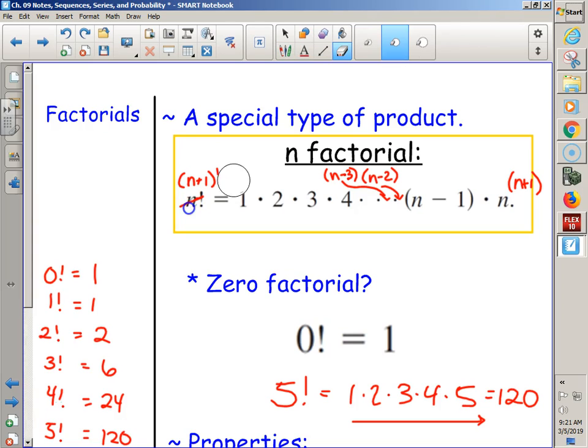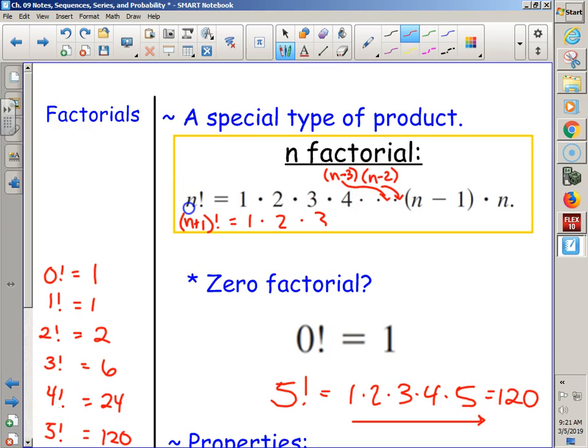But that might convolute things a little bit. So maybe it'd be nicer to do another one, like n plus 1 factorial would be 1 times 2 times 3 times 4 times n minus 1 times n. We can just count by adding ones or subtracting ones. I don't know if that helps, but all right, factorials.